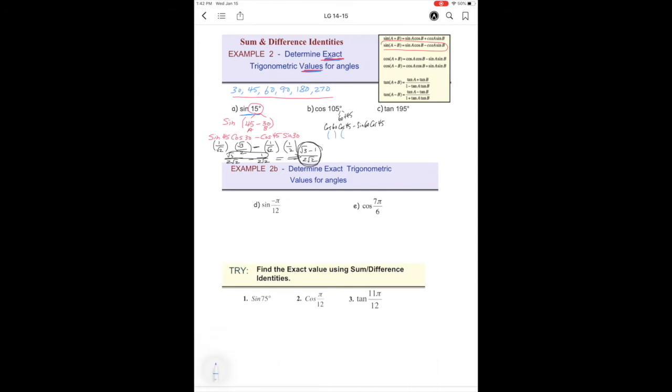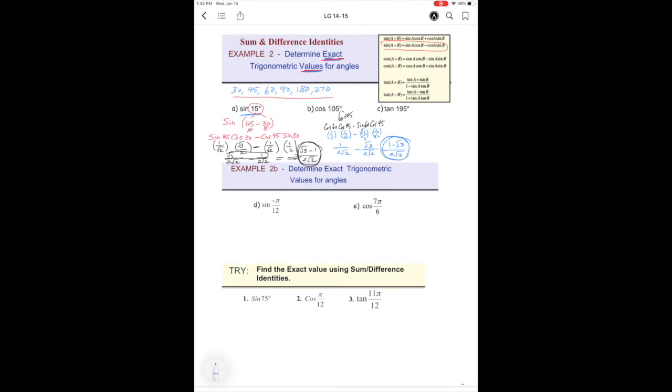Now I write down the ratios, do the minus between them, and I get 1 over 2, 1 over square root 2, root 3 over 2, and 1 over square root of 2. And now I multiply. I get 1 over 2 root 2 take away root 3 over 2 root 2, and that gets me 1 minus square root 3 over 2 root 2. And yes, a lot of times they are very similar to each other, and that's the answer.